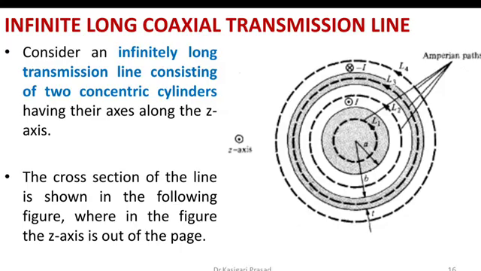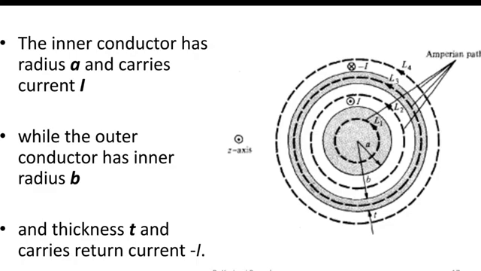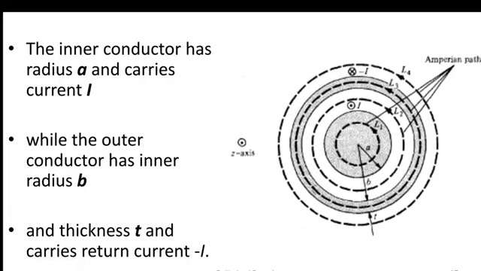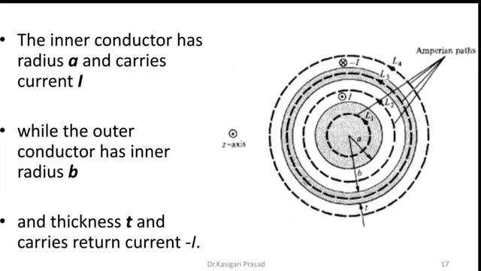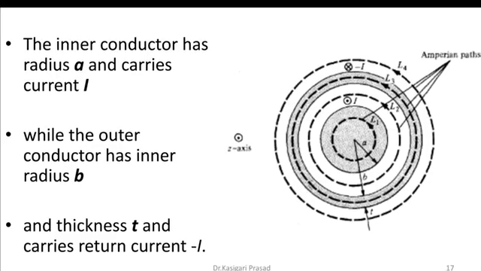The inner conductor has radius small a and carries current I, while the outer conductor has radius b and thickness t and is carrying current -I.